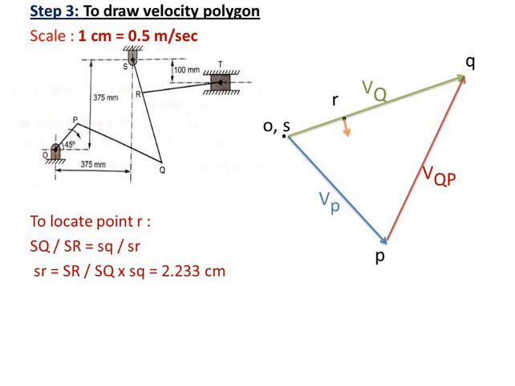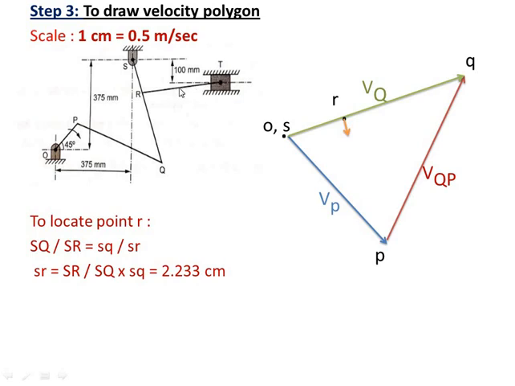See, in the velocity polygon only the magnitude of the velocity of the crank will be known. The velocity of any other link is unknown. It has to be located by the intersection of the velocity vectors of the two links. Same way, here you have to locate the velocity vector of RT, which is perpendicular to link RT.